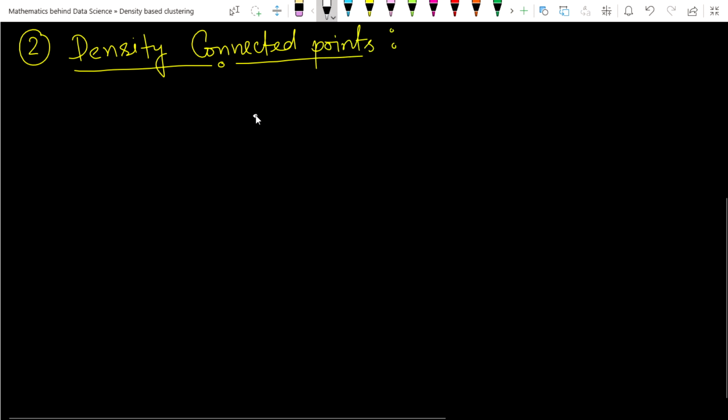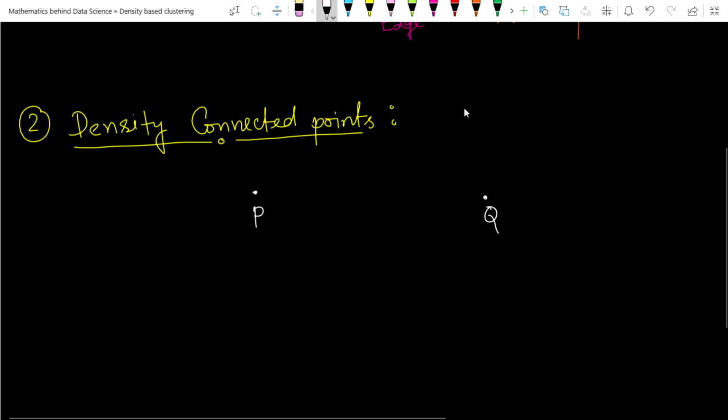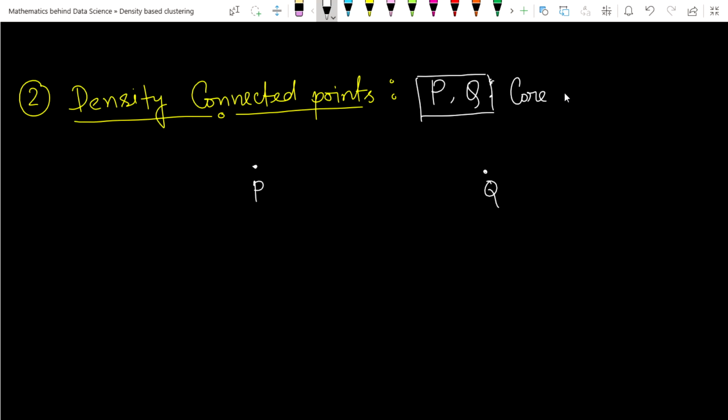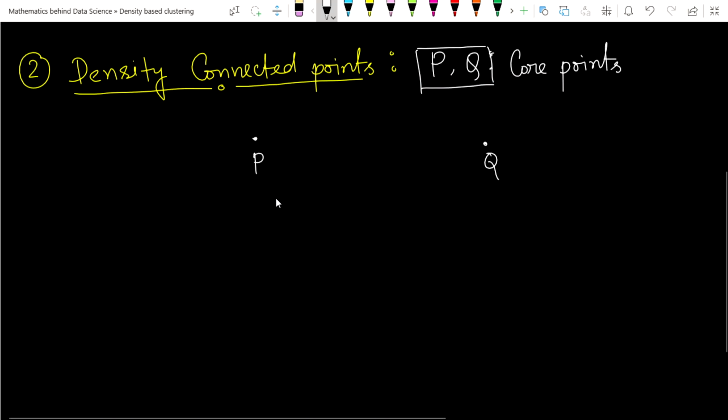Suppose this is P and this is Q. The first condition is that P and Q must be core points.